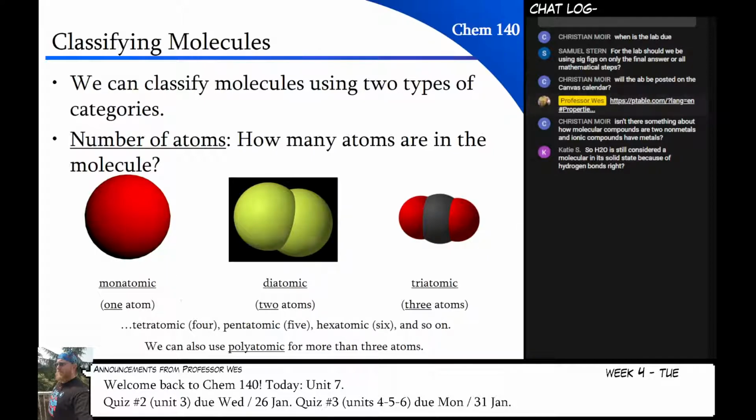But in reality, after three, it's appropriate to just say, you know what, polyatomic, that's good enough. So, for a given molecule, count how many atoms it has, and you can assign it a category. Monatomic, diatomic, triatomic, a higher order if you would like, or just say polyatomic for more than three.